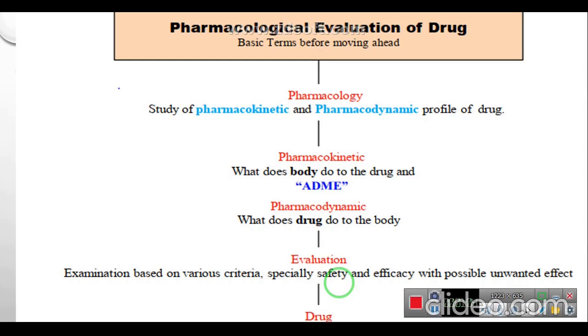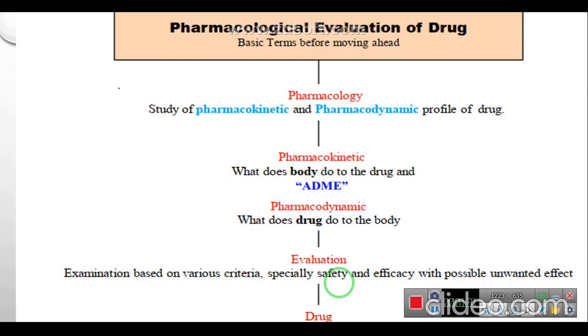Then comes pharmacodynamics. This is what the drug does to the body. It is the mechanism of action, you can say, and the biological response of the body towards the drug. So when the drug reaches the systemic circulation, where it goes to the target site and what receptor it binds with and inhibits, if it can be an agonist or antagonist, we will discuss that later.